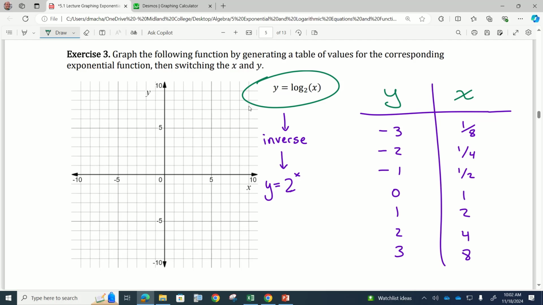So now I go back and I say, when y is negative 3, x is 1/8. When y is negative 2, x is 1/4. When y is negative 1, x is 1/2. When y is 0, x is 1. When y is 1, x is 2. When y is 2, x is 4. And when y is 3, x is 8.